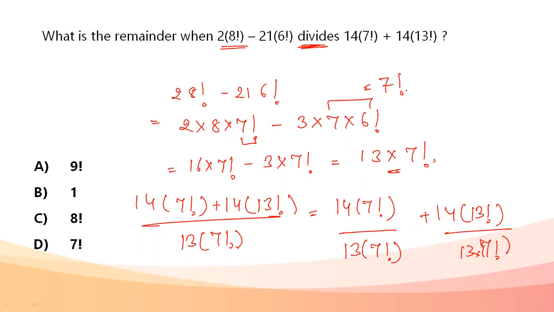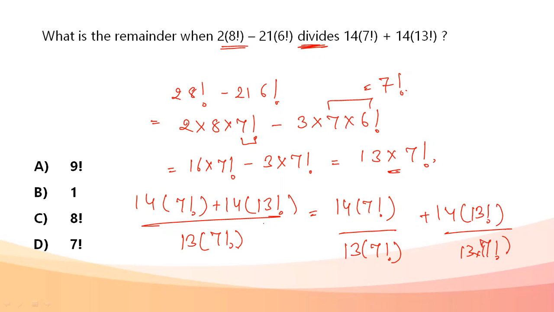Okay. Now, if I talk about the second term, the remainder of 14 into 7 factorial divided by 13 into 7 factorial, I cannot directly cancel out any terms and say that the remainder is 1. That cannot be done.